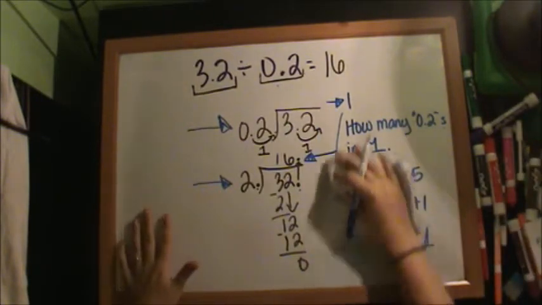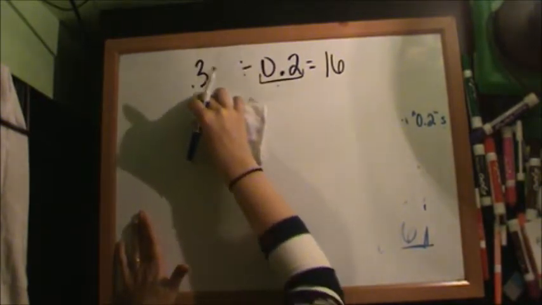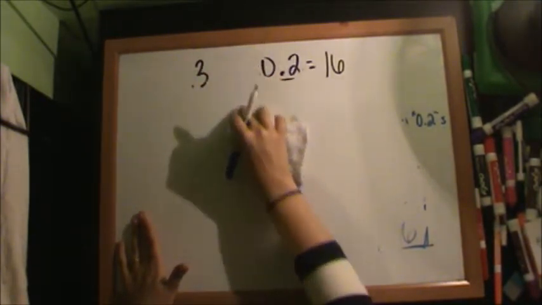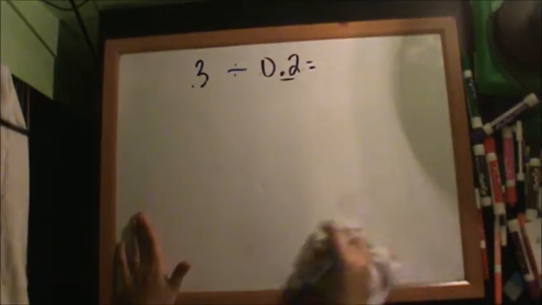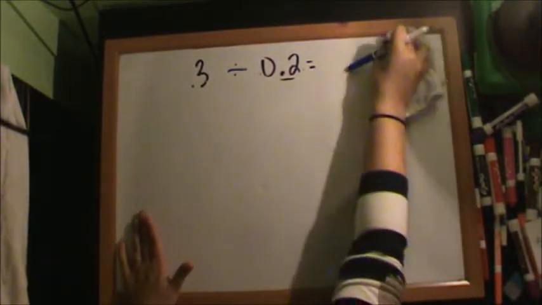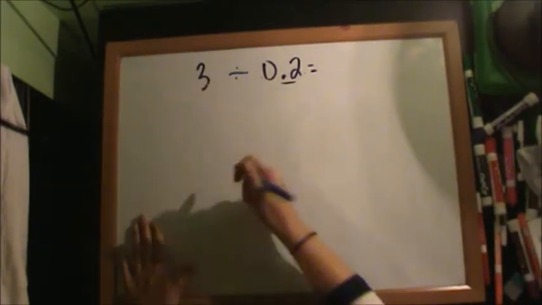Okay, so what if it was just 3 divided by 2/10? I know we already know the answer because of what I just did on the side here, but I'm going to go ahead and work this out.